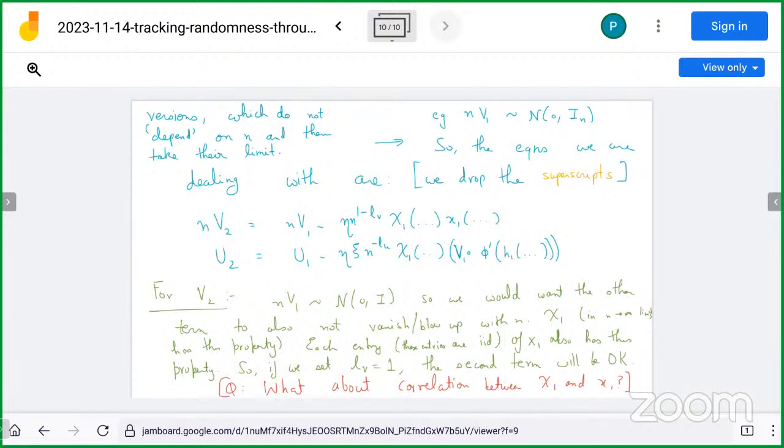V1 has variance one, so entries of V1 have variance 1 over n squared. If you add them up, you will get... it is not add, this is actually a product. U is a vector, so this is a vector, this is a vector, and you're multiplying it. So now what should U be?